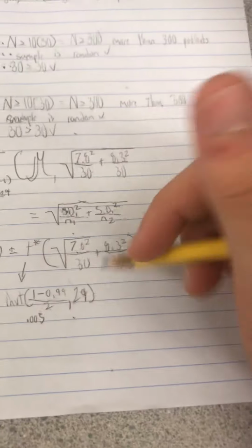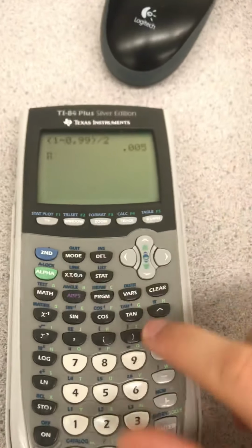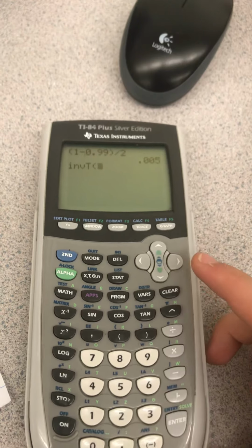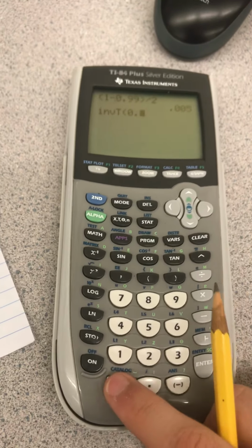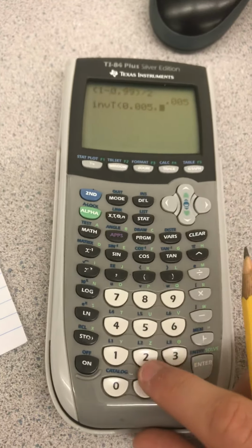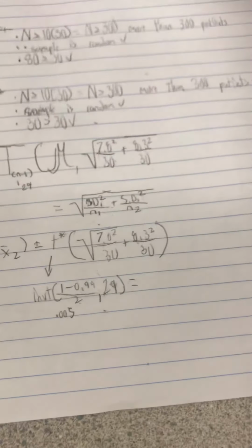And then you would find the inverse t of this. So you go to second vars, inverse t, and you put in the area first, which is 0.005, comma, then the degree of freedom, which is 29.